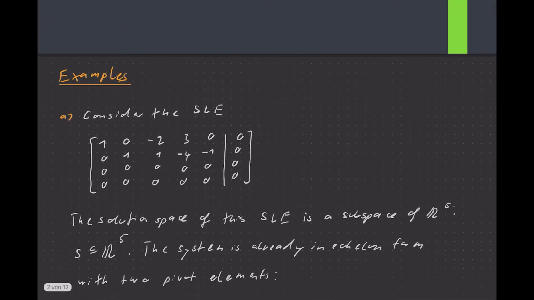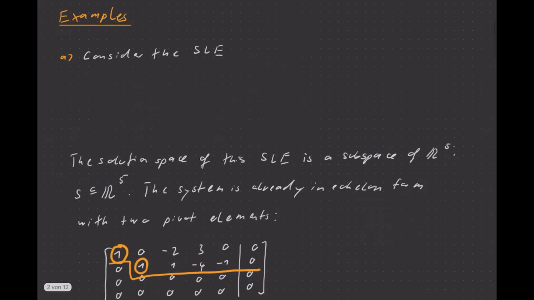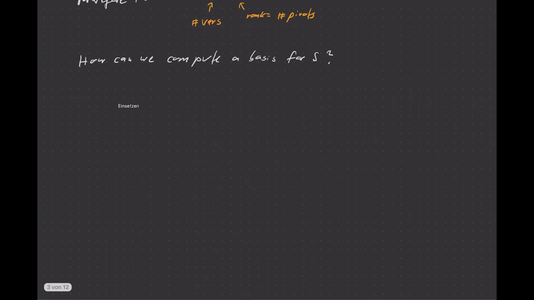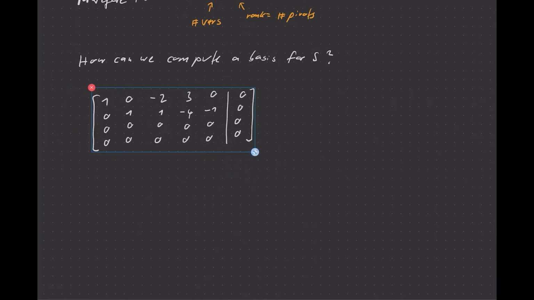Let's copy that once again. And make a quick note. So these are the pivot elements, right? And here we have no pivots in those columns. That means the corresponding variables are free variables.